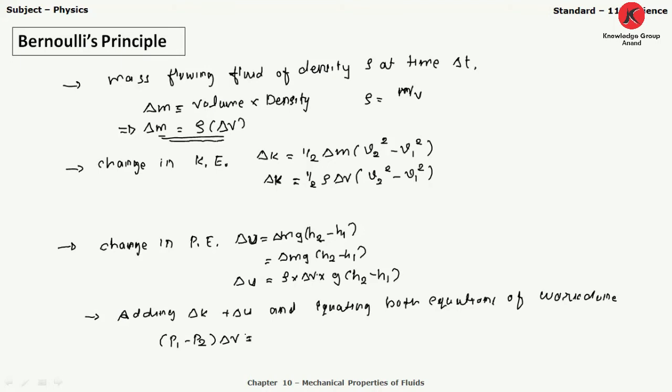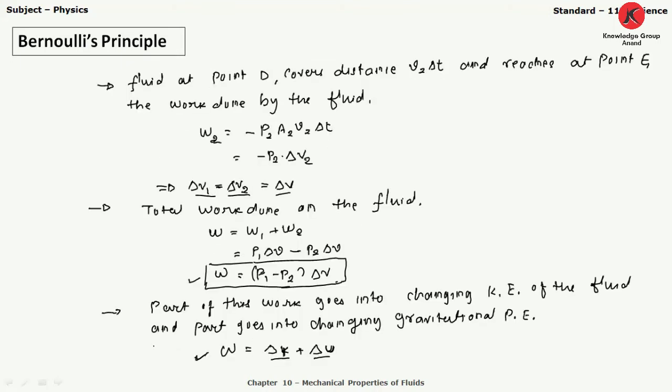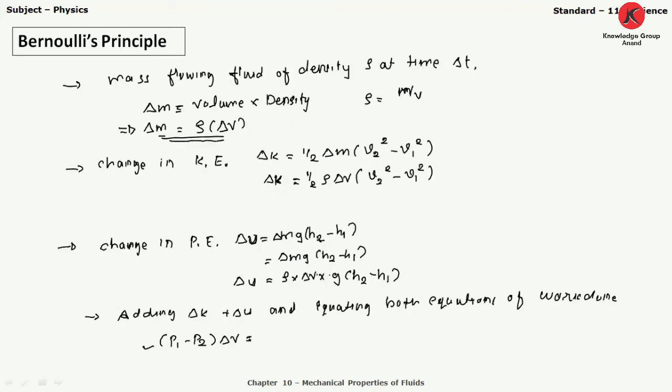So this is the equation for total work done. And it is equal to what? Half rho delta V (V2 square minus V1 square) for delta K, and for potential energy, rho into delta V into g (h2 minus h1).